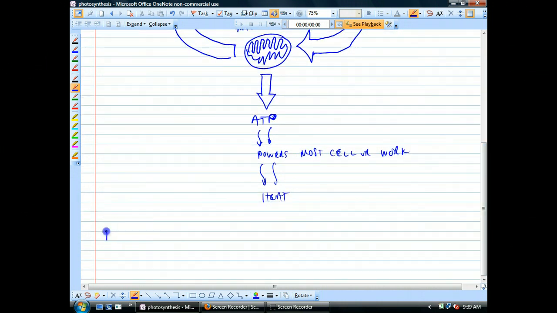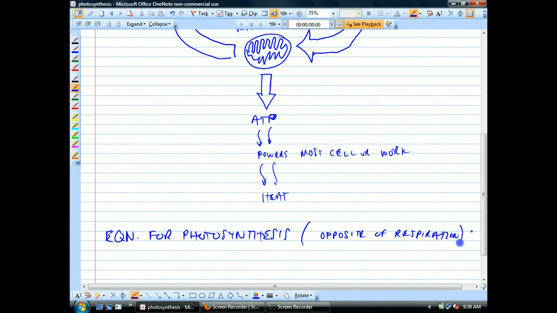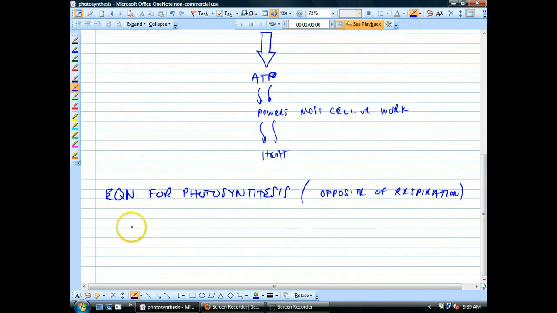Now, the equation for photosynthesis is the opposite of respiration. So if you know one, you know the other one, just turn it backwards. And it looks like this.